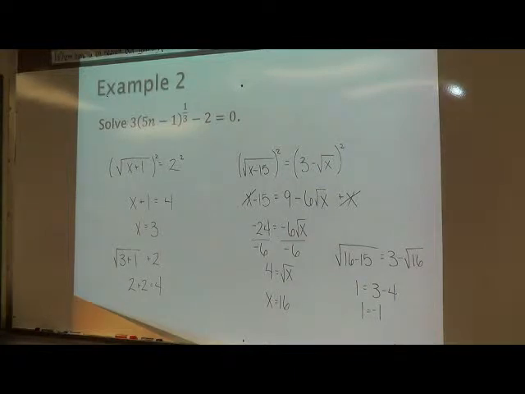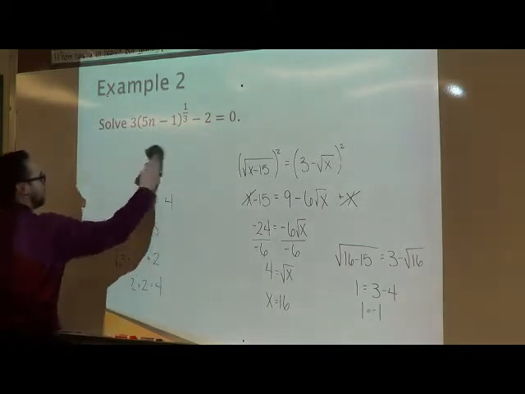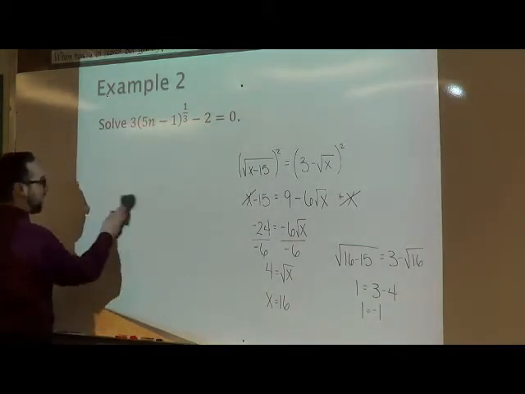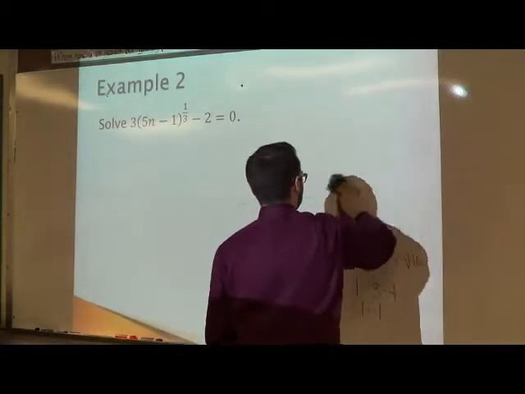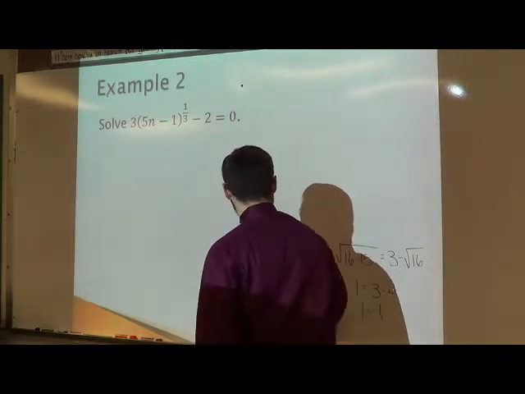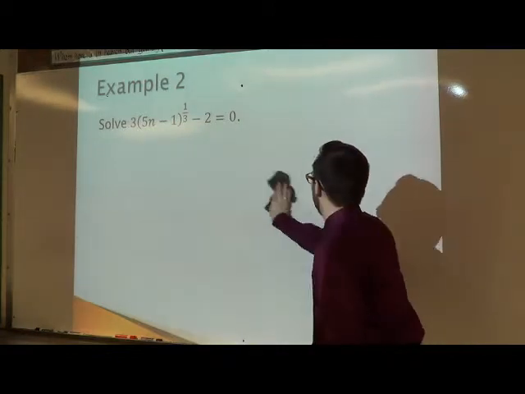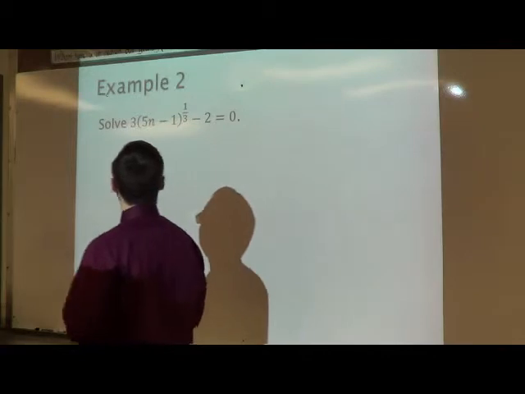Alright, let's take a look at what happens when we're using something that's not a square root, but maybe a cube root. Remember, when we have rational exponents, that means we're taking that root of something. With this one, it's to the 1/3 power, so that means we are taking the cube root, the third root, of that quantity.